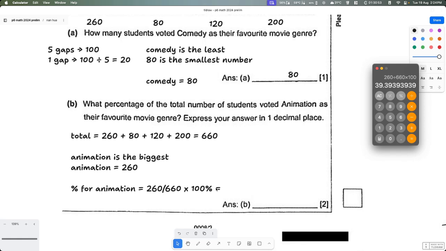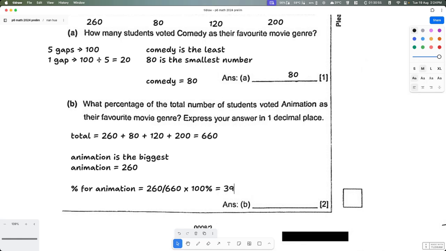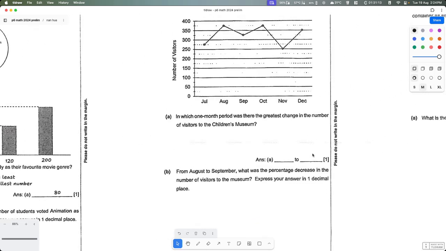This is 39.3939. And this is equal to, so one decimal place, which is this 3. So 39.4%. Okay, there you go. So that's the answer for part B, 39.4%. Let's move to the next question.